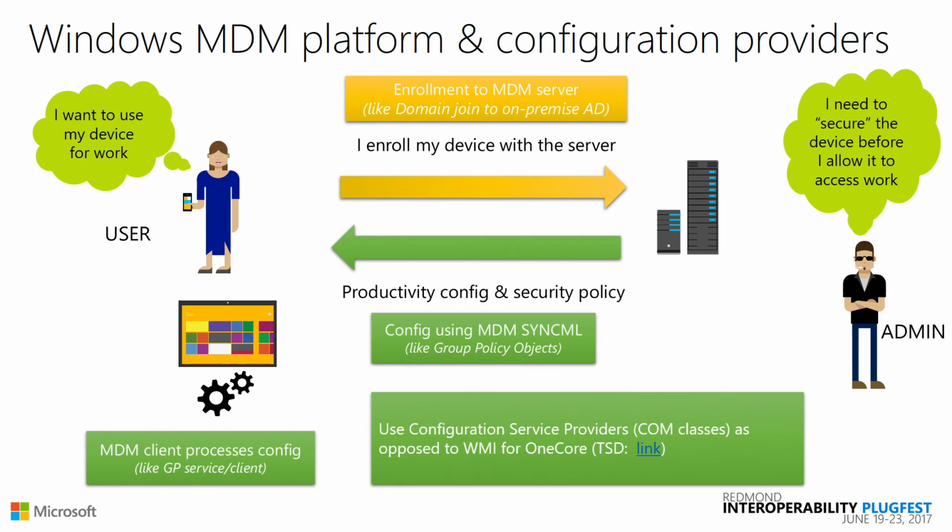So all Windows devices have a common set of CSPs, which serve essentially as manageability APIs that MDM servers can then just call to manage things. So an example of this, there's an API that allows you to disable Bluetooth on a device, right? So if we work at Microsoft and I register my device with Microsoft, if they want to, they can call the CSP to configure Bluetooth and disable it on my device, right?